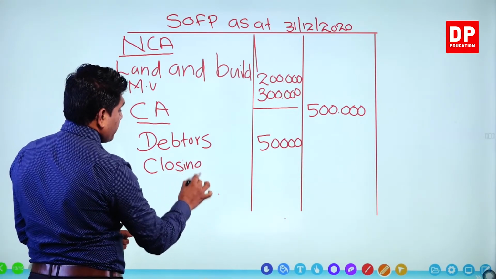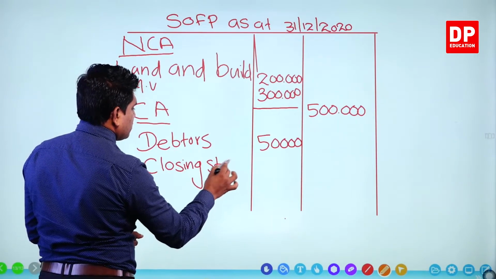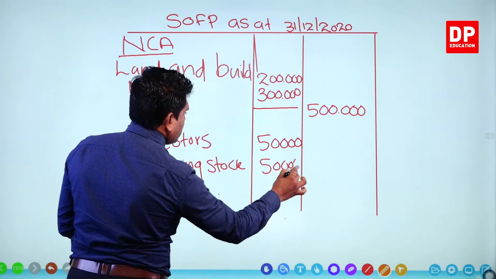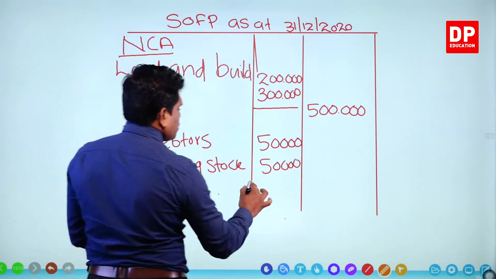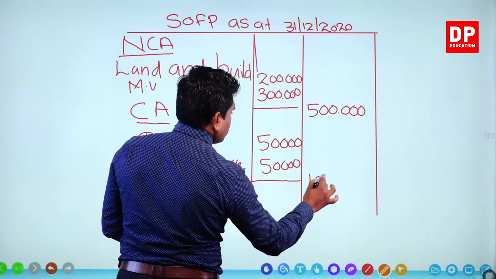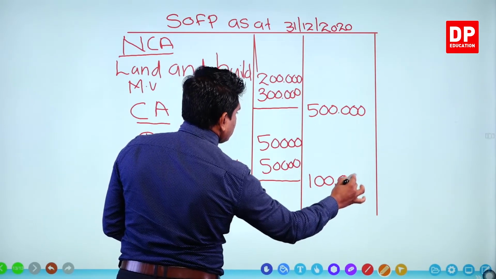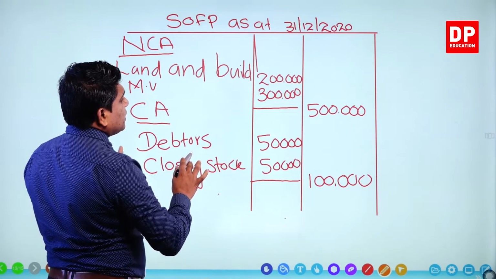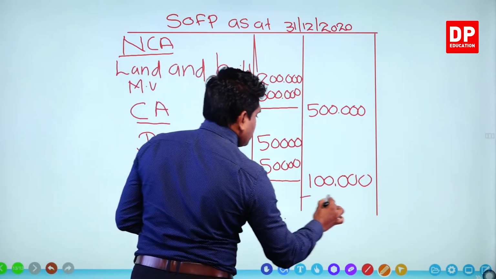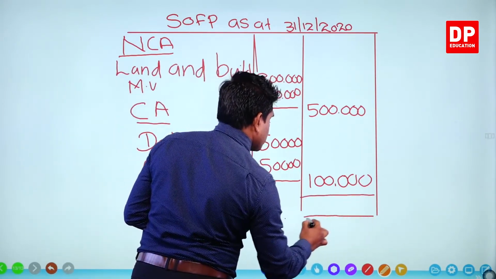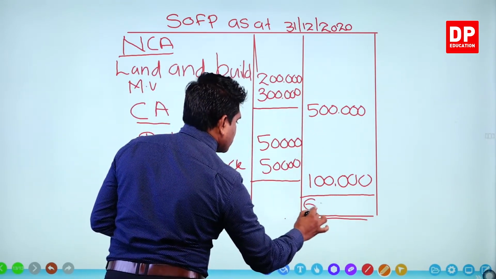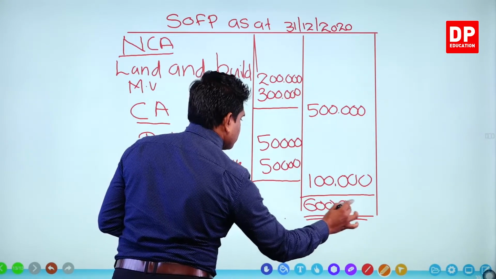Closing stock is remaining stock, end stock. That one also 50,000. How much the total of current assets? 100,000. Okay. Now remember, in this business, total assets value is how much? 600,000. 500,000 plus 100,000, 600,000. That side finish.